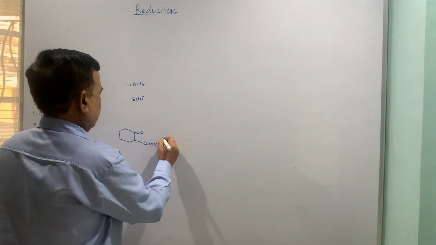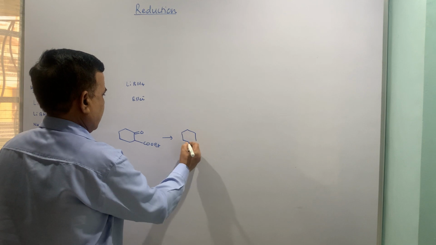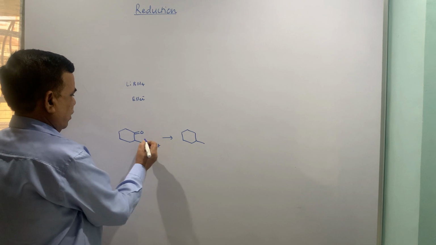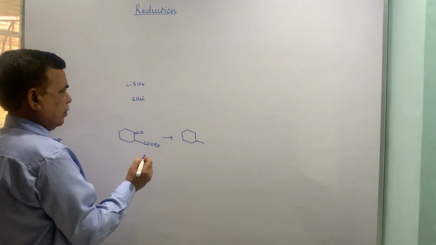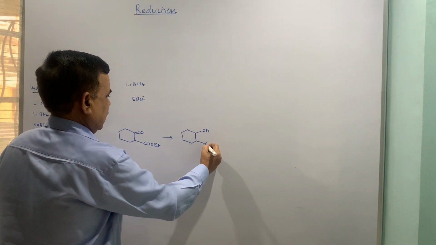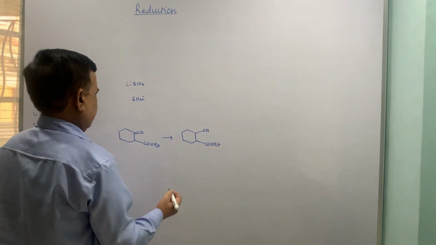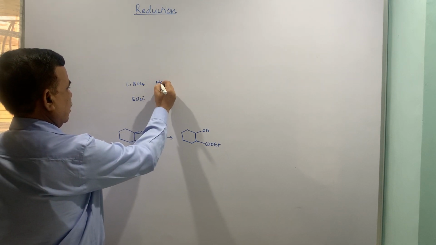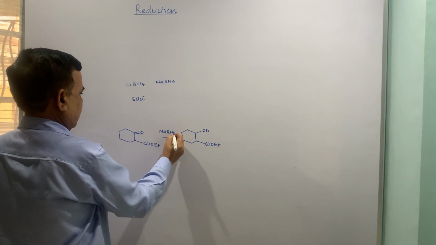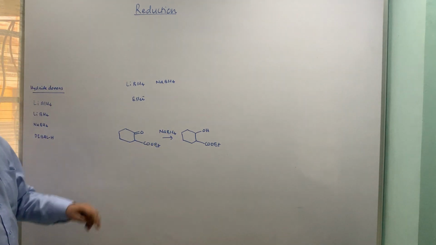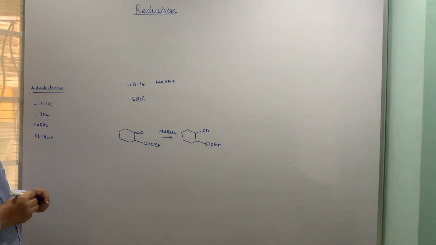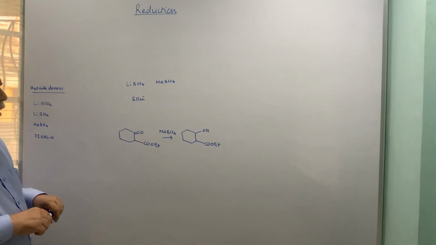Now if I want to reduce the carbonyl group only and not the ester, let us say I want to retain the ester, then this is the best reagent, sodium borohydride, which doesn't react with ester, but it does react with the carbonyl group of aldehyde and ketone, and you get the corresponding product.